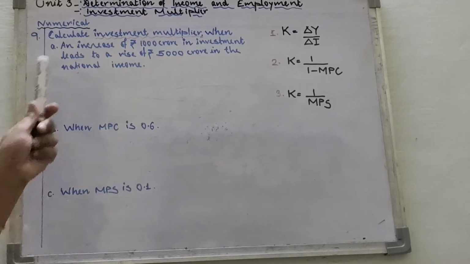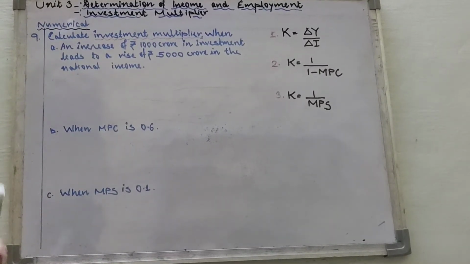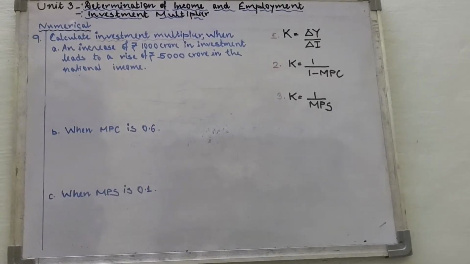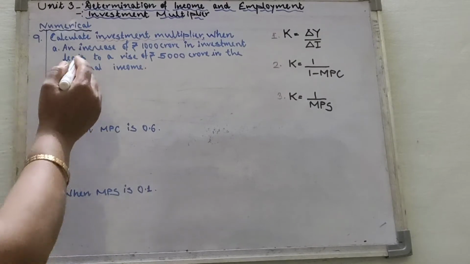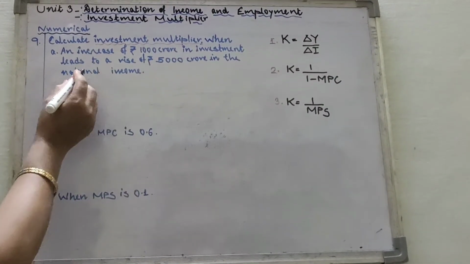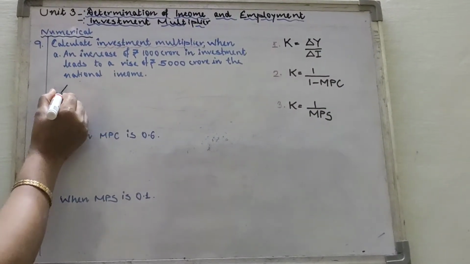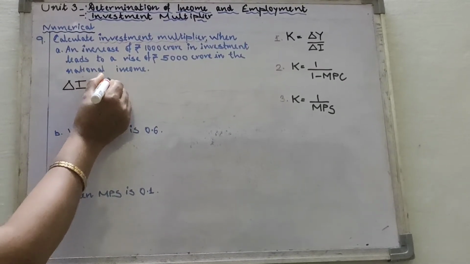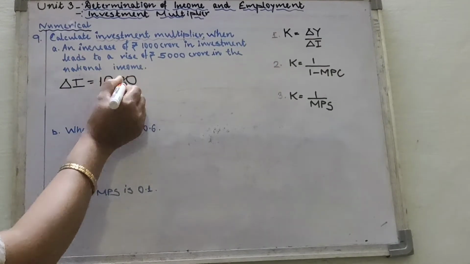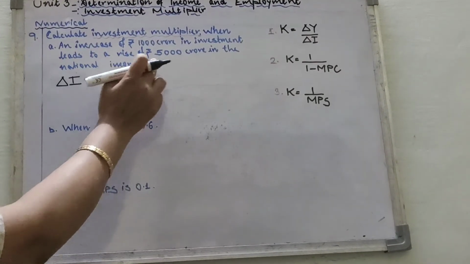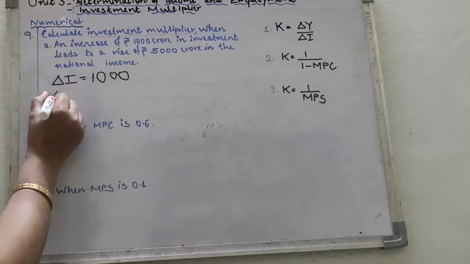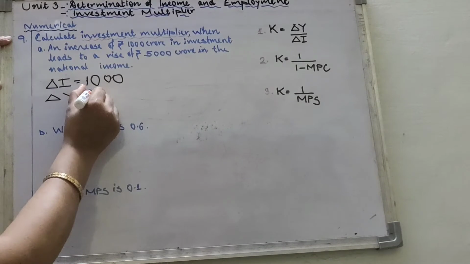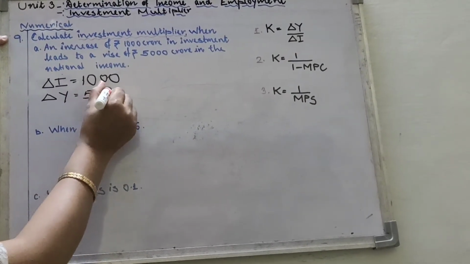Let us start with some simple examples. Part A: we have to calculate the investment multiplier when an increase in investment is rupees 1000, that is, change in investment is rupees 1000 and change in income is rupees 5000.